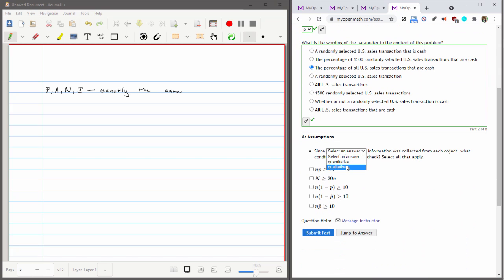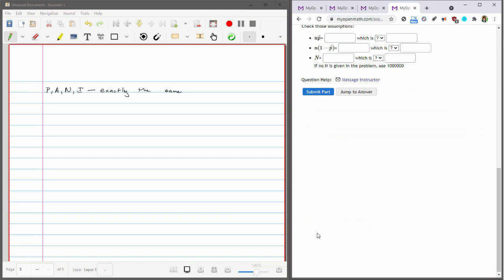This is still qualitative data, and we need to check whether the number of yes responses is at least 10, the number of no responses is at least 10, and the population is large relative to the sample.